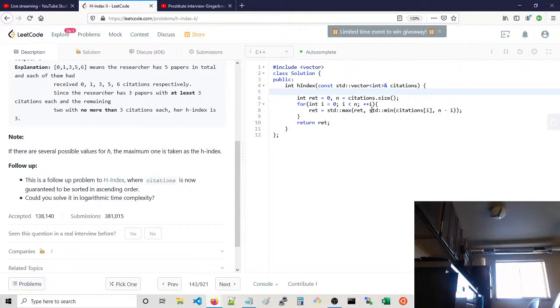So how would that work? All right, so you would say, okay, is your h value greater or less than, let's say n is 10, so is it greater than or less than 5? How do we know if it's greater than or less than 5? Well, you would look at index 5.